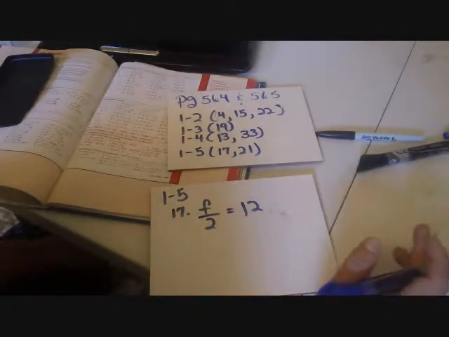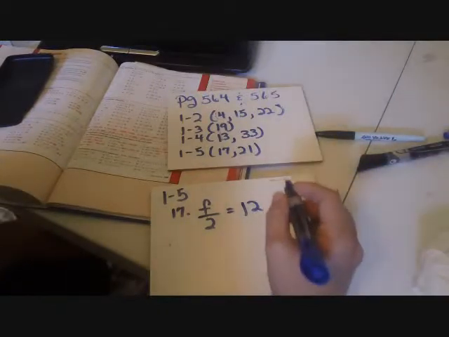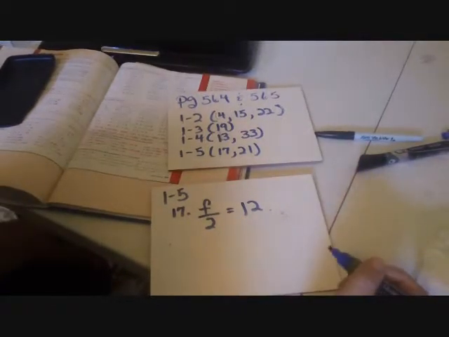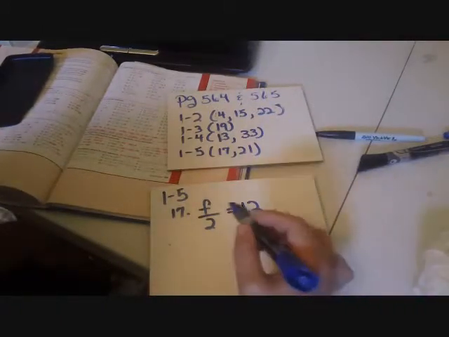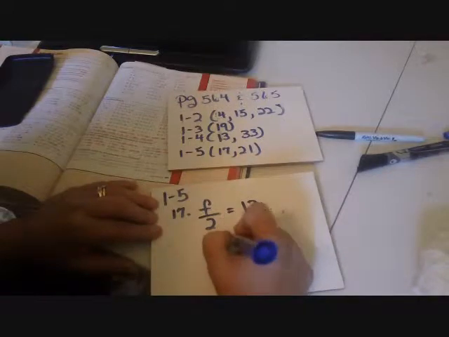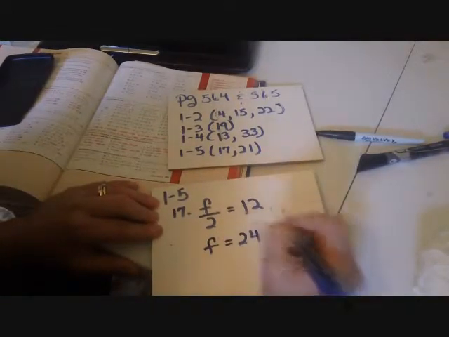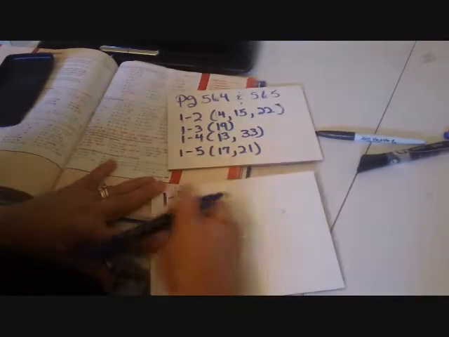The fraction bar means to divide. And if you'll remember, we talked in class about how the opposite of division is multiplication. So I realized that 2 times 12 gives me 24. And it's as simple as that. You just do the opposite operation.